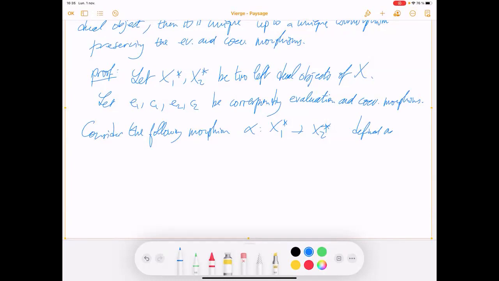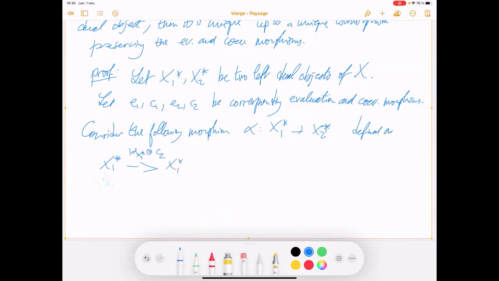So consider the following morphism. X1 star is X1 star tensor 1. Then you apply identity of X1 star, and here you apply C2.